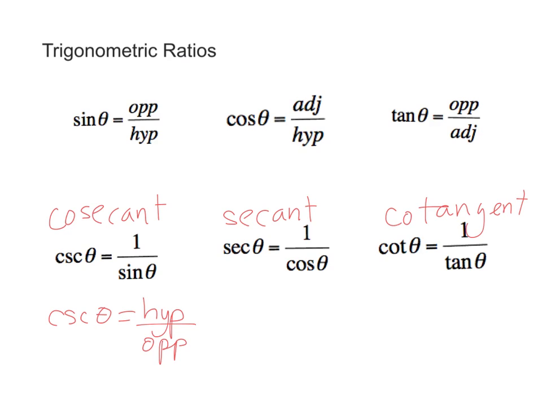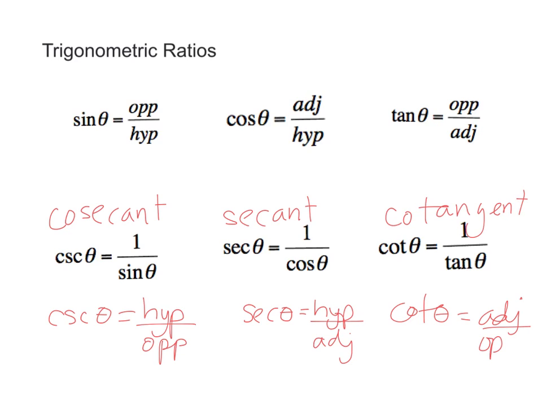It's up to you which of those you want. What would secant be as a ratio of side lengths? Hypotenuse over adjacent, right. And then cotangent, adjacent over opposite.